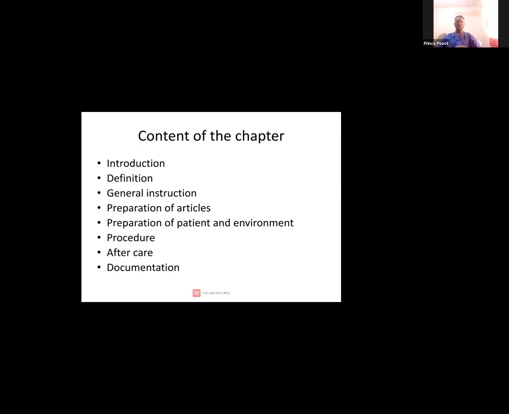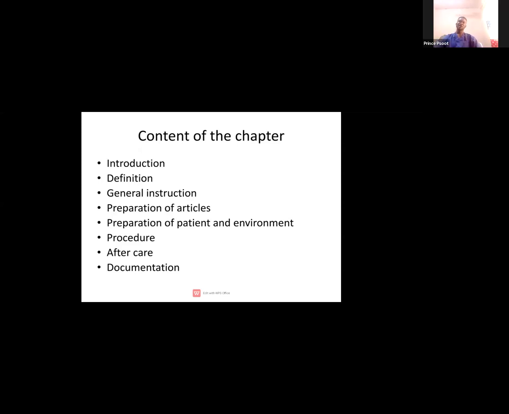We talk about the preparation of articles, what are the things we prepare for wound dressing, and we talk about preparation of our patients and even the kind of environment we do this dressing. Then we're going to discuss the procedure itself. How is it done?